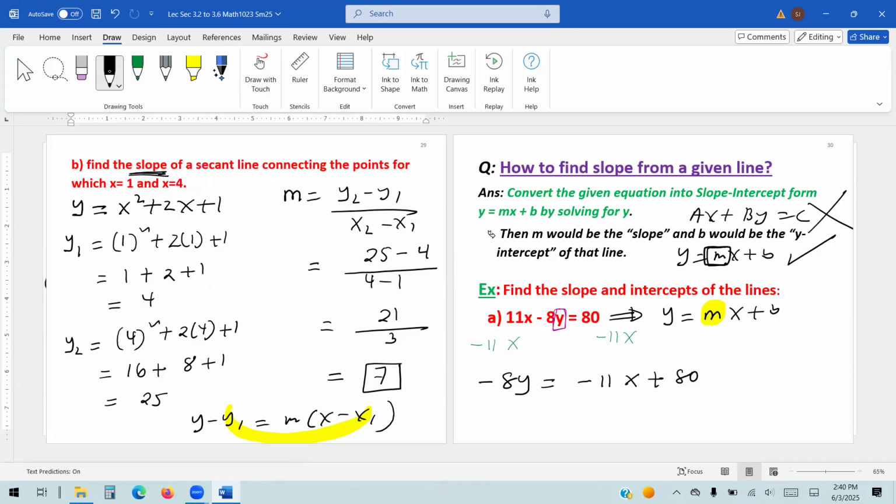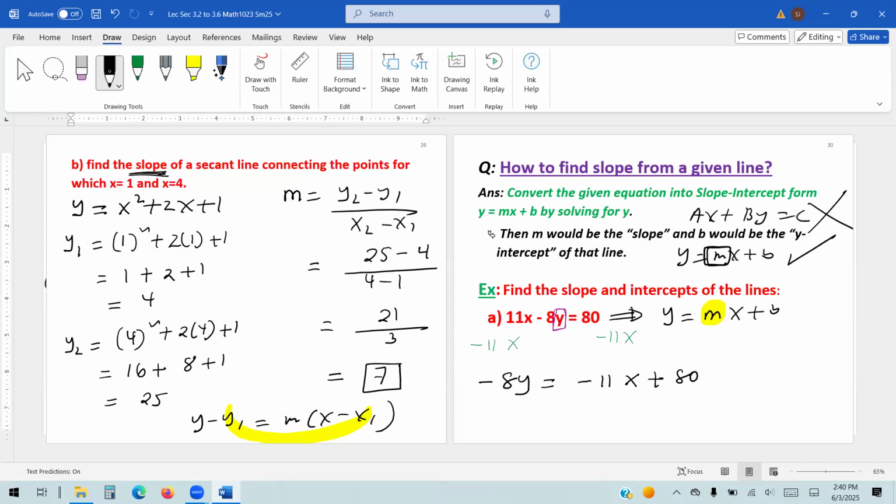How do I know 80 is a plus sign? If you don't see a minus, it automatically means a plus number. So it's negative 8y, it's plus 80, and I got the x term first because of the format. This format has the x term first and then the number, so I need to keep my format. Is our y alone now?